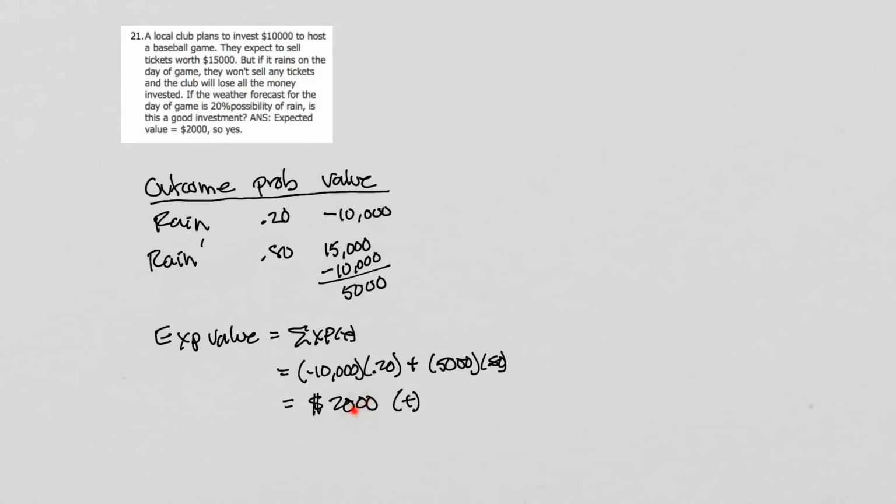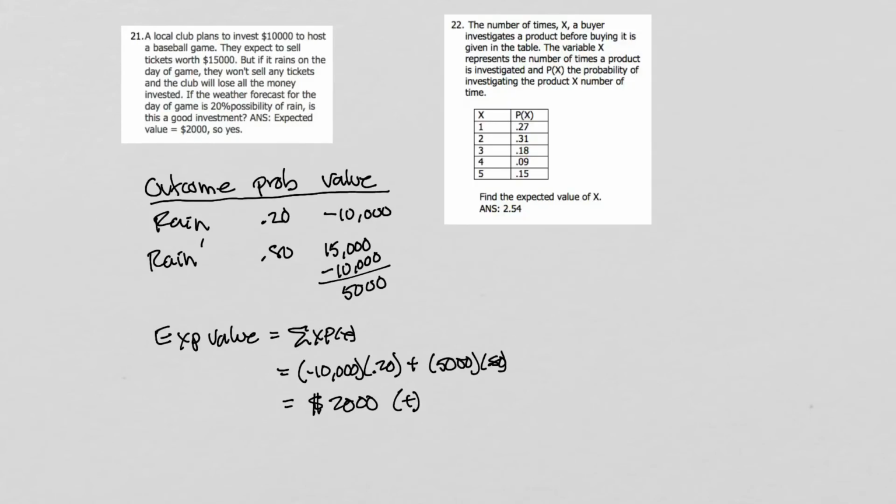If we were to do this over and over and over, right, this being selling these tickets, if we were to do this over and over and over again, thousands of times, sometimes it would rain and we'd lose our 10,000. Sometimes, most of the time, it will not rain and we will make 5,000. So in the long run, when we average it out, every time we run this game, we would win, on the average, $2,000.